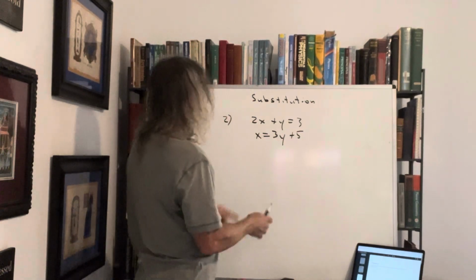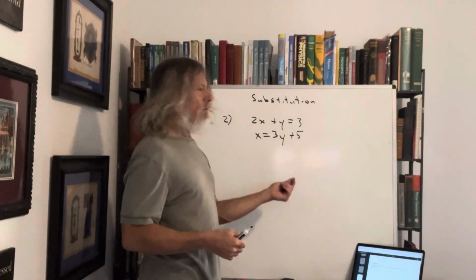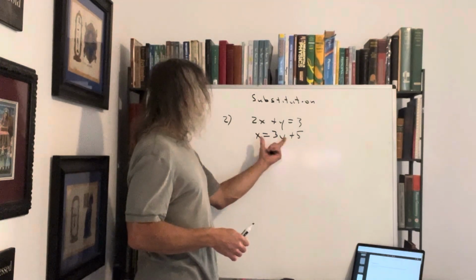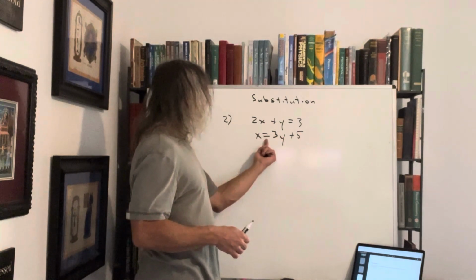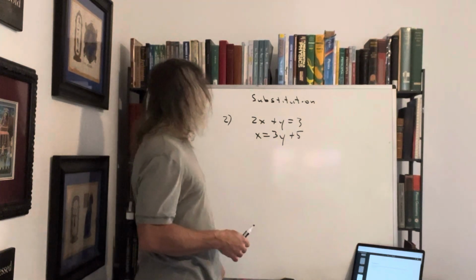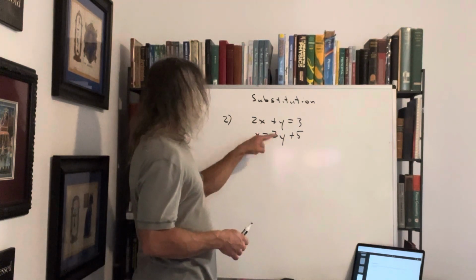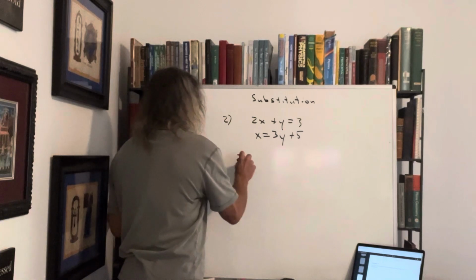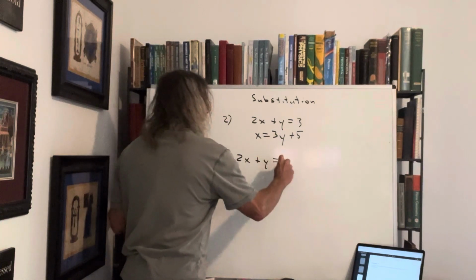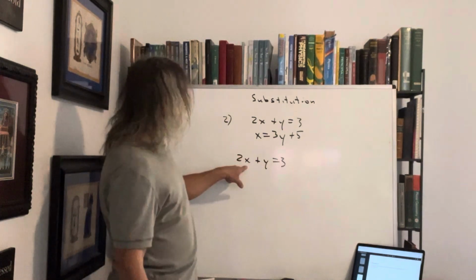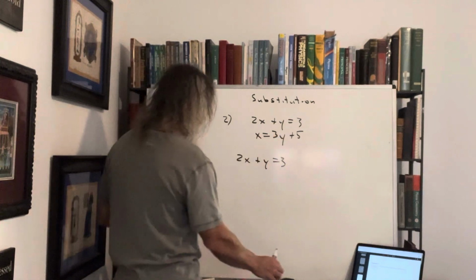So x is this stuff. This is x. A different way of saying the same thing. So in place of the x, I put this. So if we got our 2x plus y equals 3, in place of the x, I can put all this.